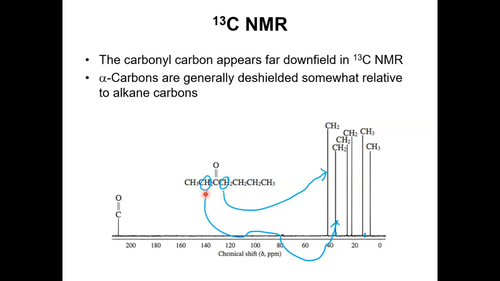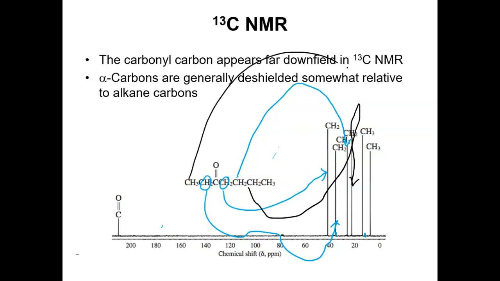Now the remaining should be easy. Let's come to the assignment. So this CH2 should be this, and then this CH2 should be this. And then the CH3, obviously, this one has the lowest chemical shift value.